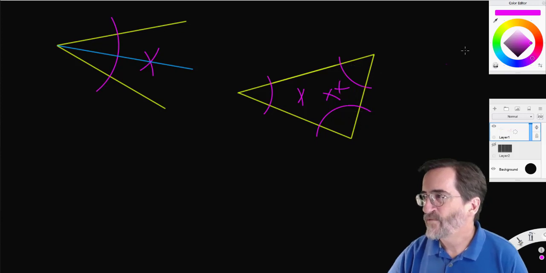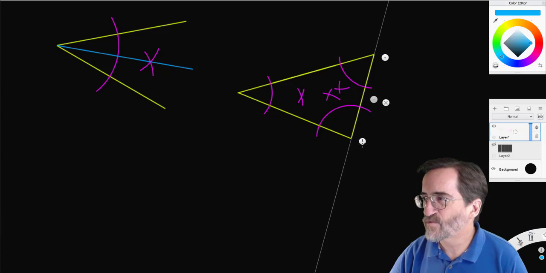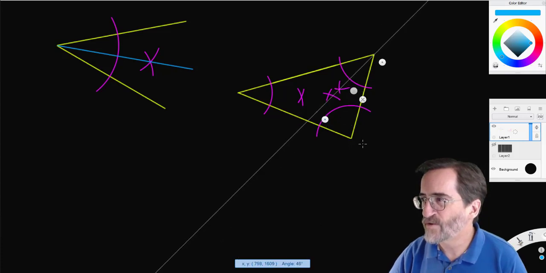Okay. And now draw the angle bisectors. It's easy to get confused as to which intersection we need, so make sure you're careful about drawing it through the intersection that you need.